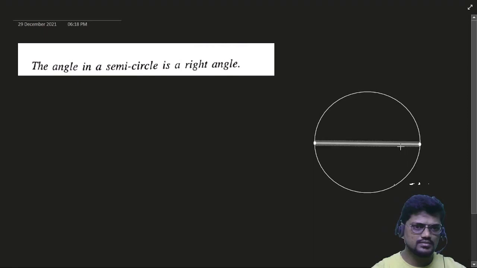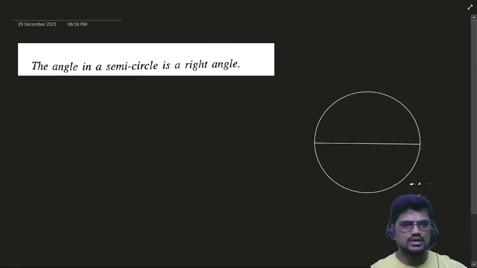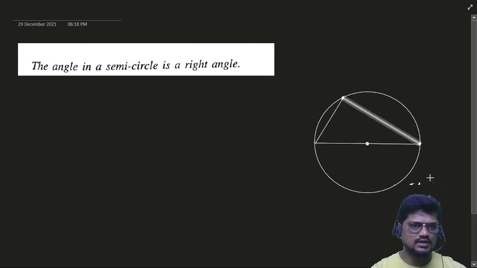We know that a diameter passes through the center of the circle, and if I draw a line over here, we need to prove that this angle is 90 degrees.